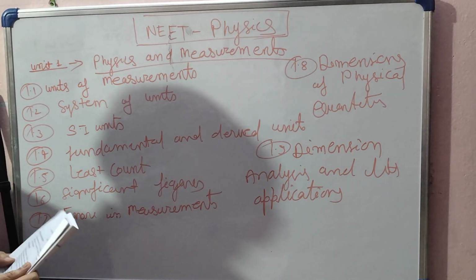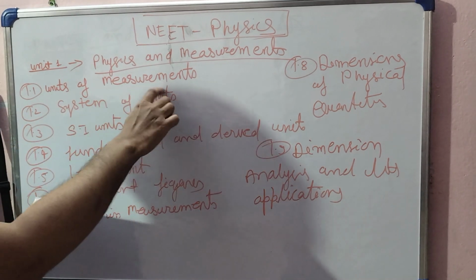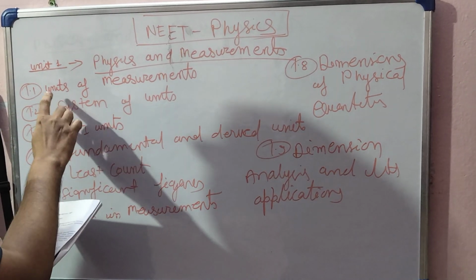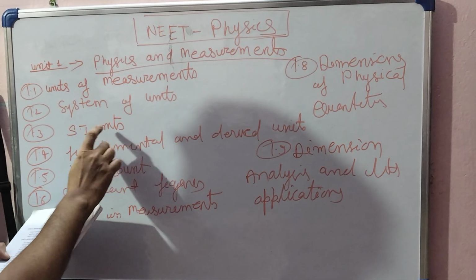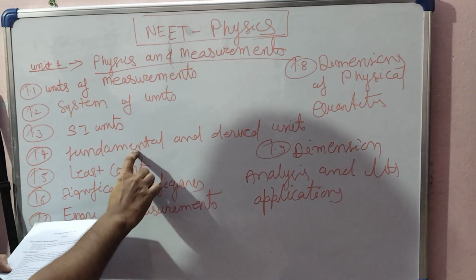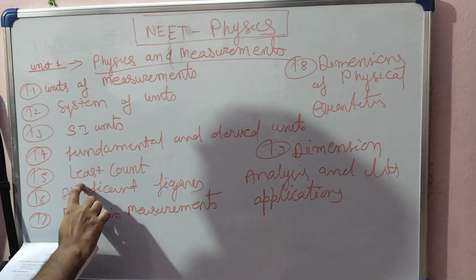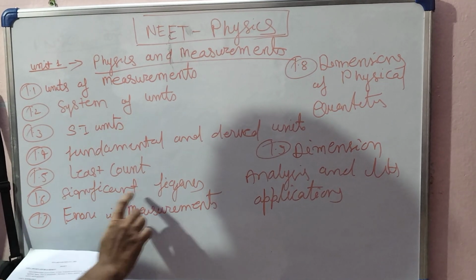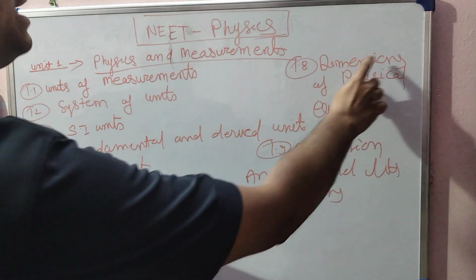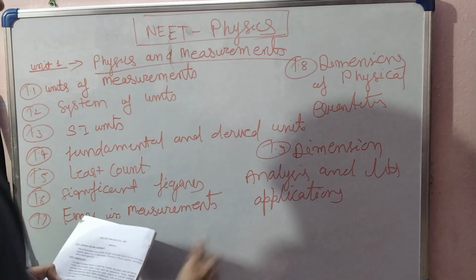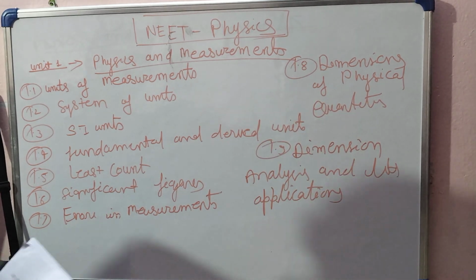So unit number 1: 1.1 units of measurement, 1.2 system of units, 1.3 SI units, 1.4 fundamental and derived units, 1.5 least count, 1.6 significant figures, 1.7 error in measurement, 1.8 dimensions of physical quantities, and 1.9 dimensional analysis and its applications.